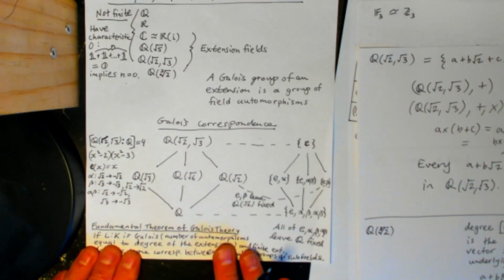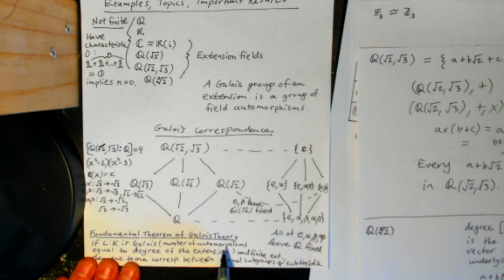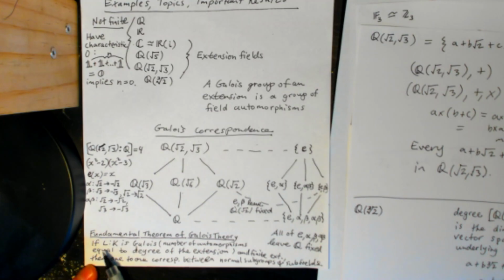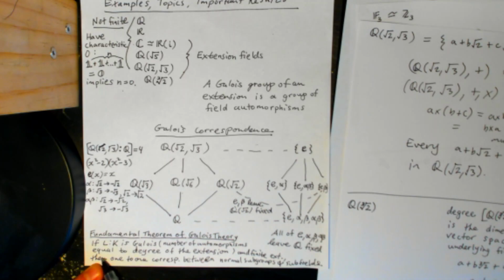So I'll just read out to you the fundamental theorem of Galois theory, which says that, now this is a simplified form of this fundamental theorem. So I'm basically trying to stick to the most simple parts of the theory to give you an overview here. If L over K is Galois, and this means that the number of automorphisms, so here we've got 4, is equal to the degree of the extension.